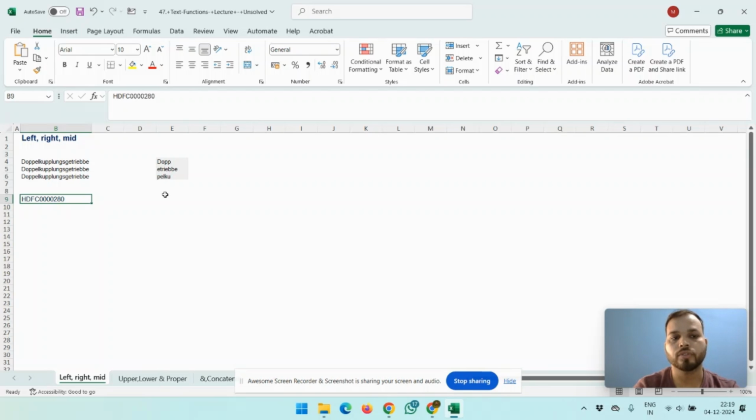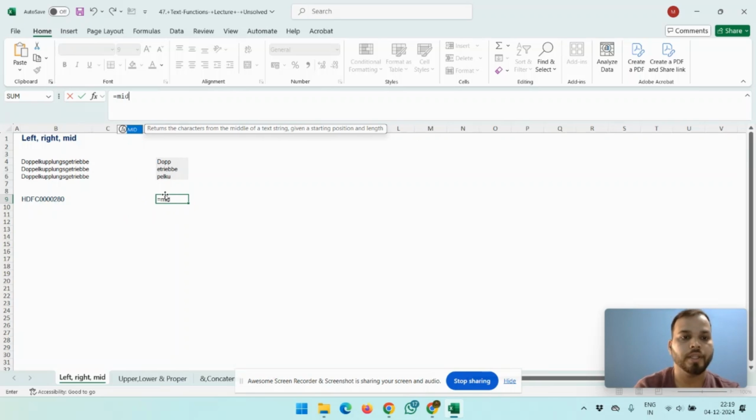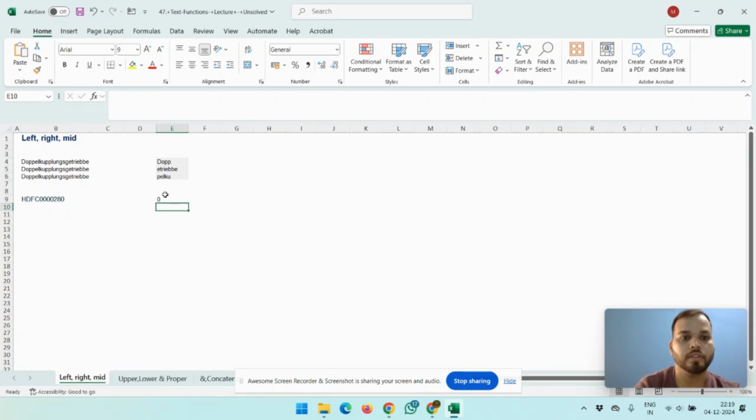At that time we need this formula. So here we calculate mid, starting from the fifth character and ending with one character. It provides you one answer.